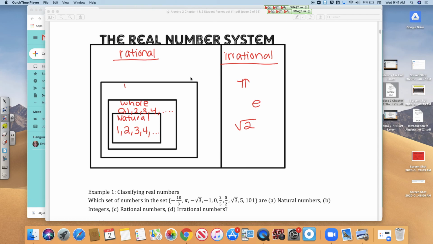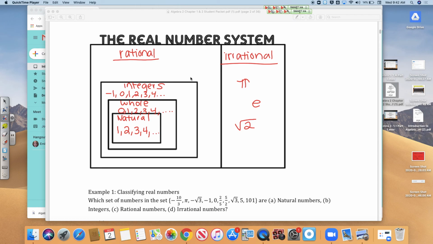So integers would be this category. Integers include all of these numbers, but also all of the negative versions of these numbers. So integers can be like negative numbers, like -1, 0, 1, 2, 3, 4, and so on.